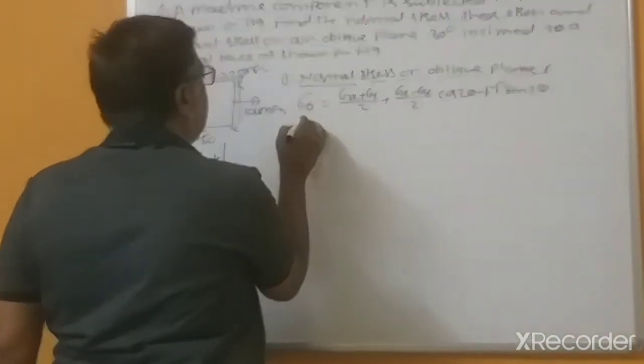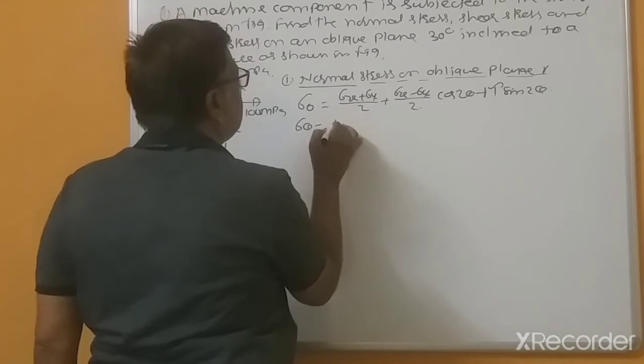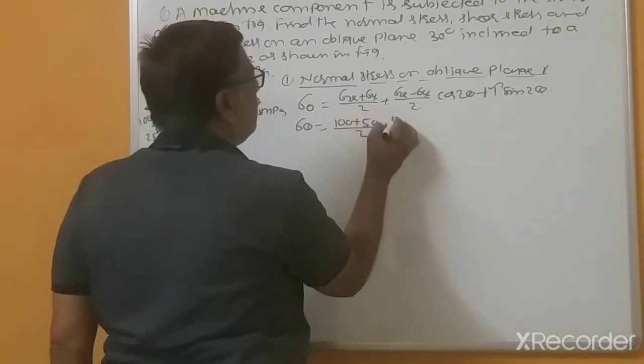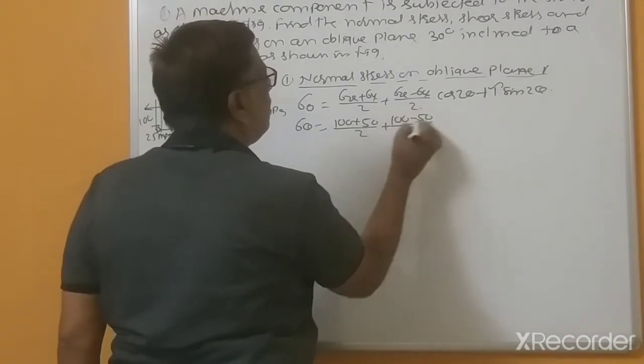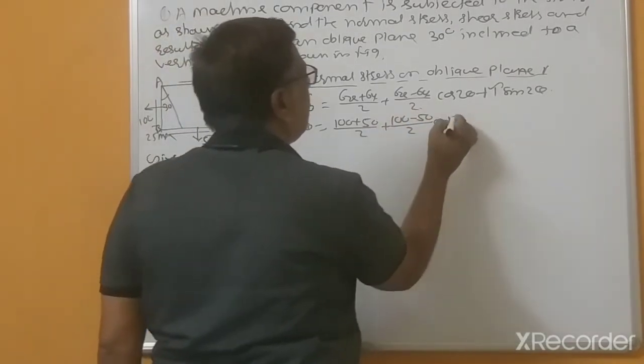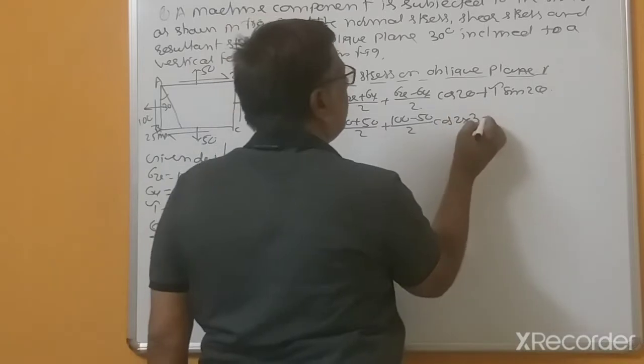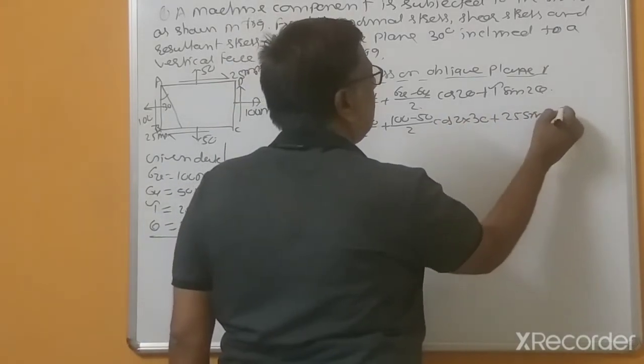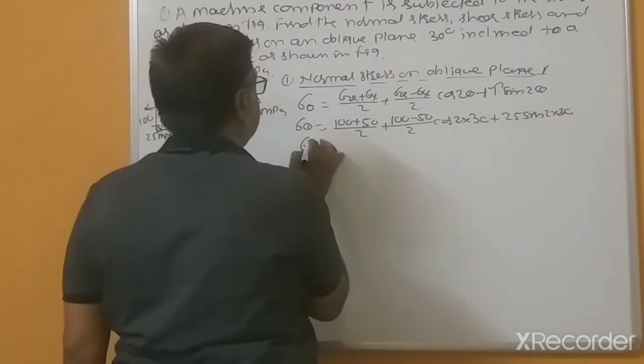So sigma theta equal to 100 plus 50 divided by 2, plus 100 minus 50 divided by 2 cos 2 into 30 plus 25 sin 2 into 30.